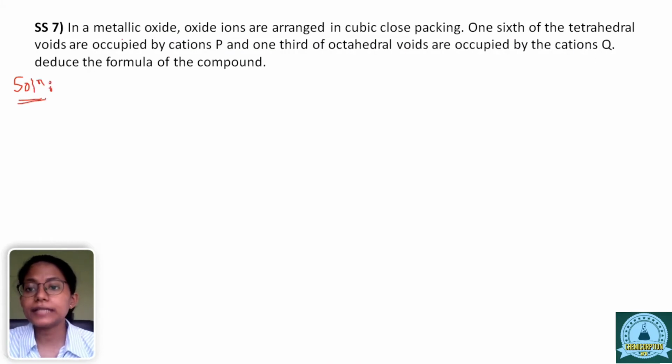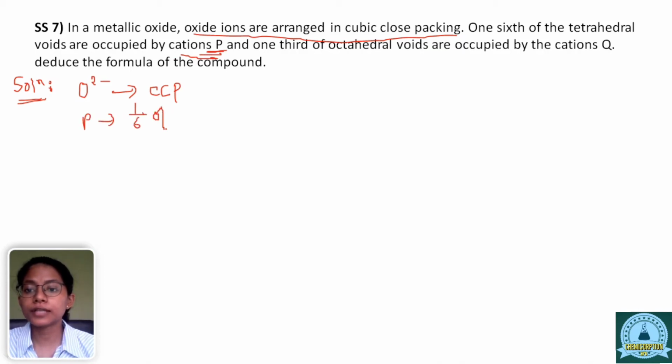Here, in a metallic oxide, oxides are arranged in CCP structure. 1/6 of the tetrahedral voids are occupied by cation P. So P occupies 1/6 of tetrahedral void and Q occupies 1/3 of the octahedral voids.